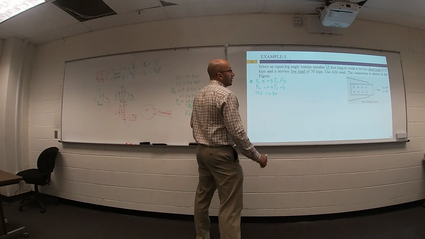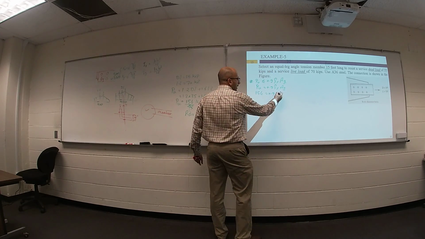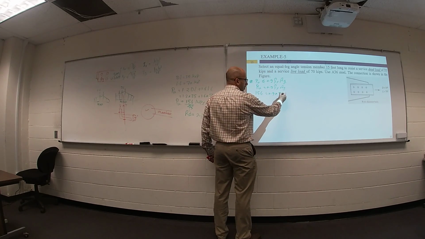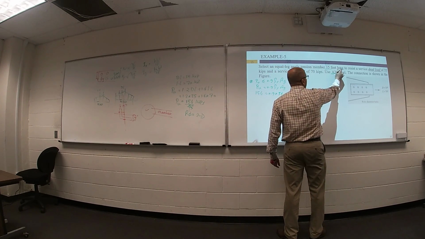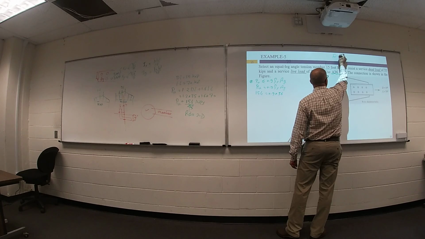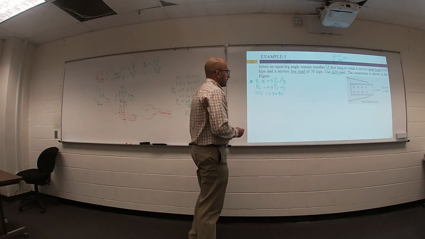What is the F yield? Your steel is A36, that means F yield equals 36 and F ultimate equals 58 ksi, from the table.